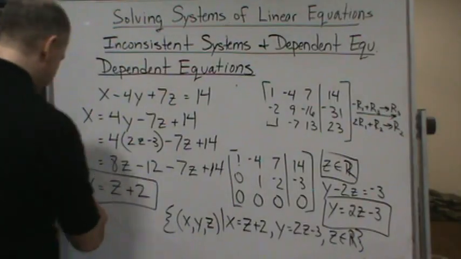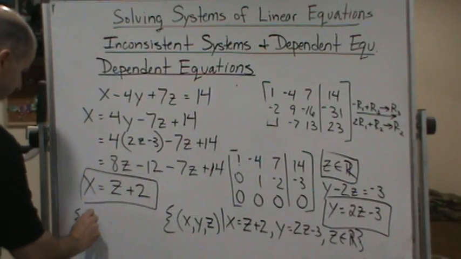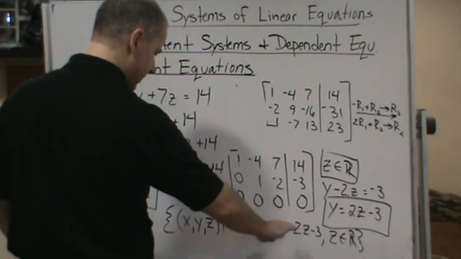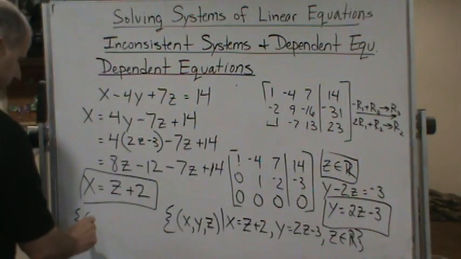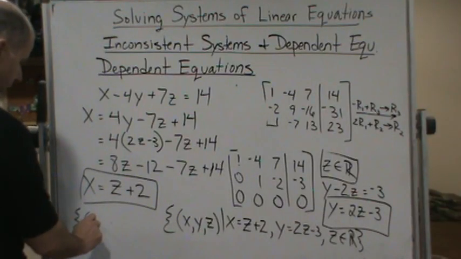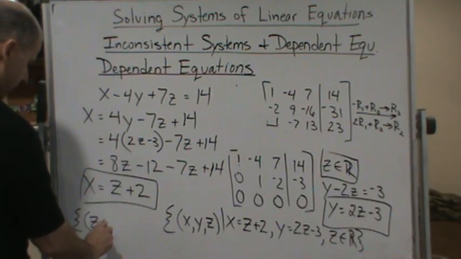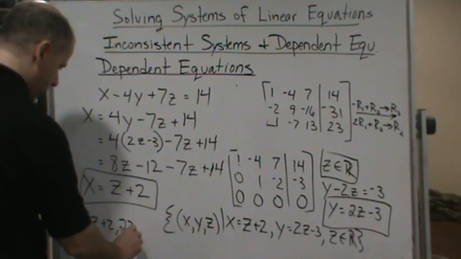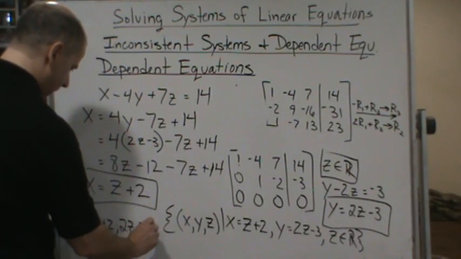Or we can simply write it as a set with an ordered triple, and we could parameterize this, right? And we could say, okay, well, just use z as the parameter. So it'd be what? z plus 2, comma, 2z minus 3, comma, z.